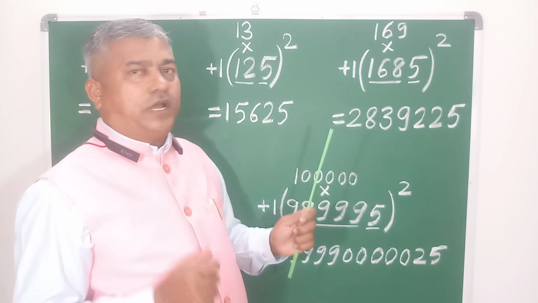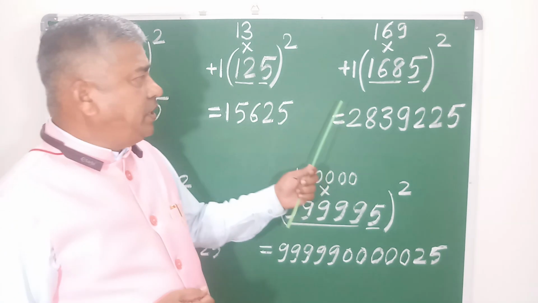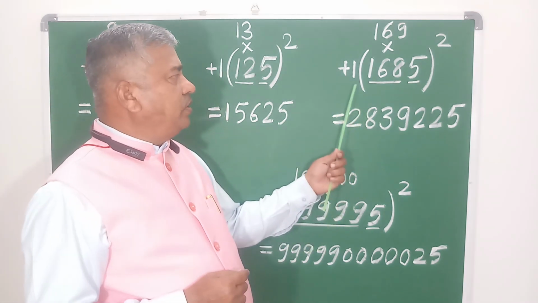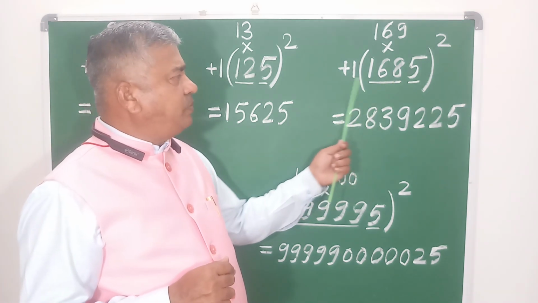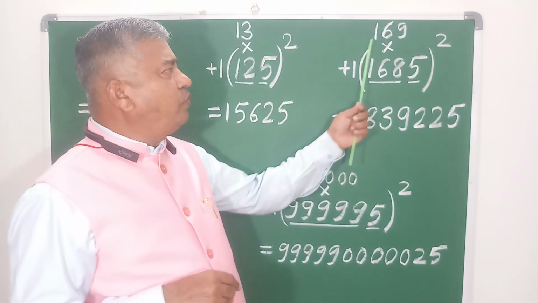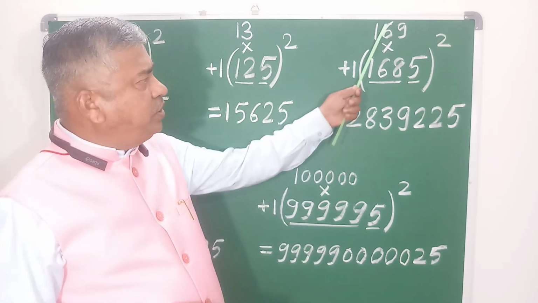Now here again the same first rule applies, Ekadikena Purvena. We have to add 1 here. 168 plus 1, we get 169. Now do the product of these two.